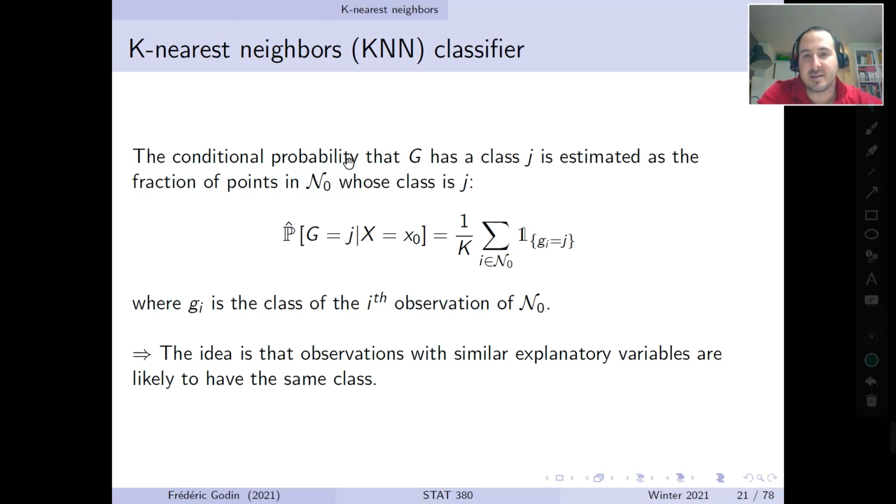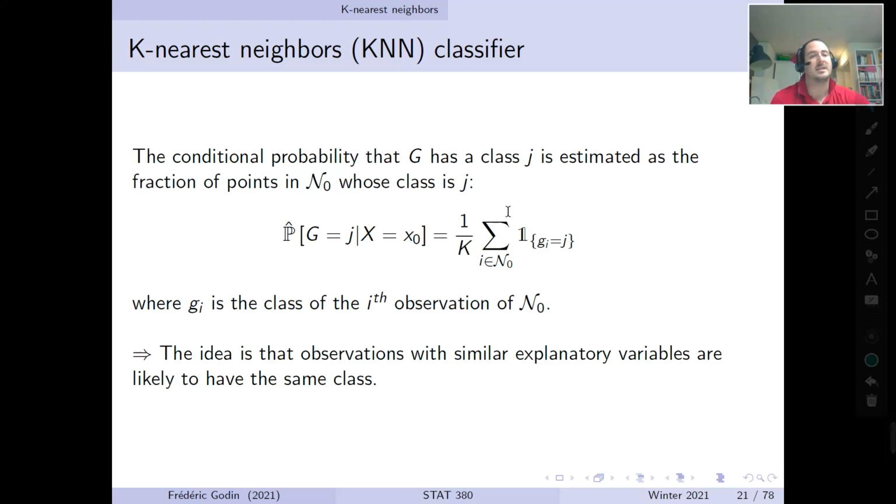And then what happens is that the conditional probability that the class G is j. Here G is a random variable, but j is a given fixed class. So the conditional probability that you end up in class j for the new observation is estimated as follows. It's the fraction or proportion of points in the nearest neighbors whose class is j.